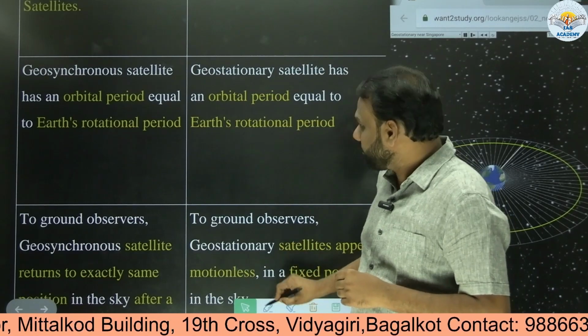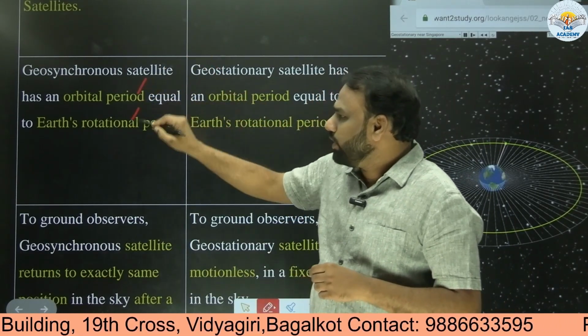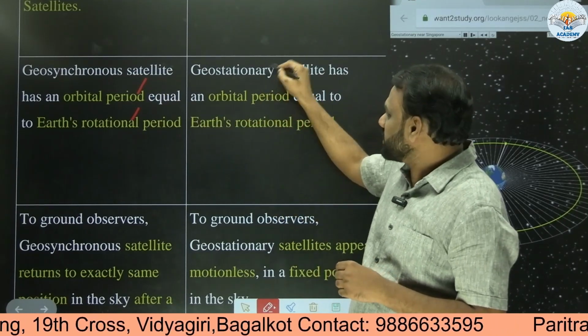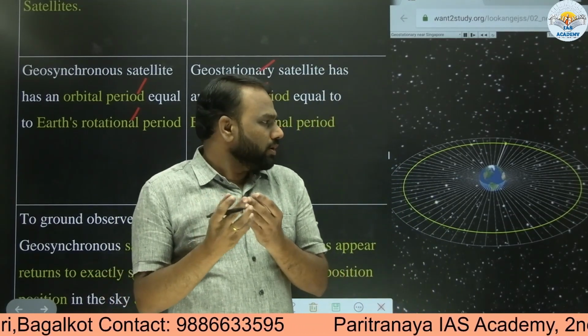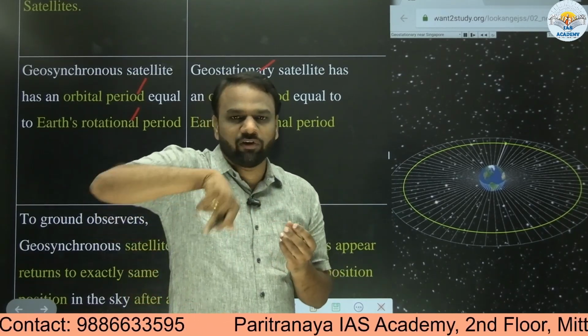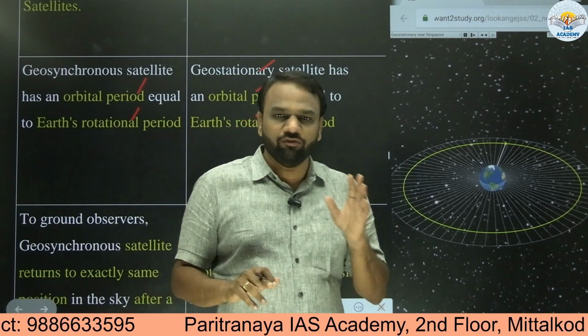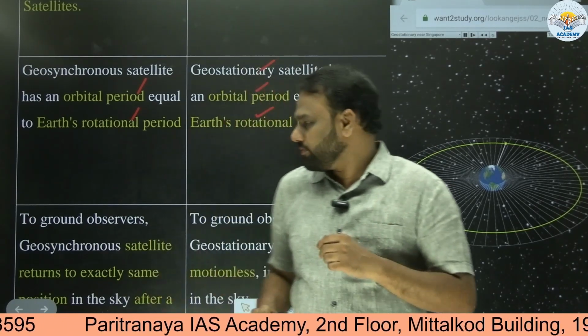That is why a geosynchronous satellite has an orbital period equal to Earth's rotational period, and similarly a geostationary satellite. The time taken by the Earth to rotate once is equal to the time taken by the satellite to revolve around the Earth. A very important property.